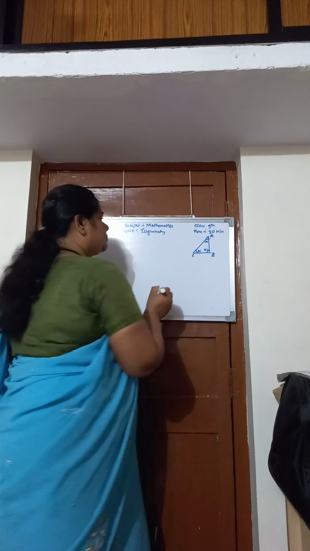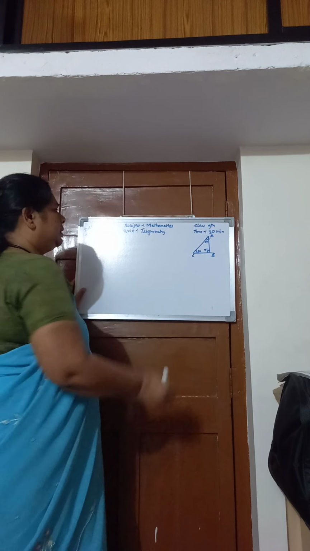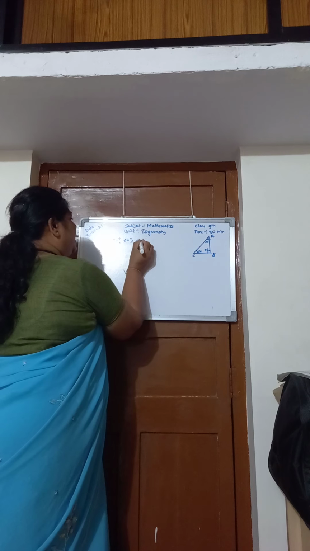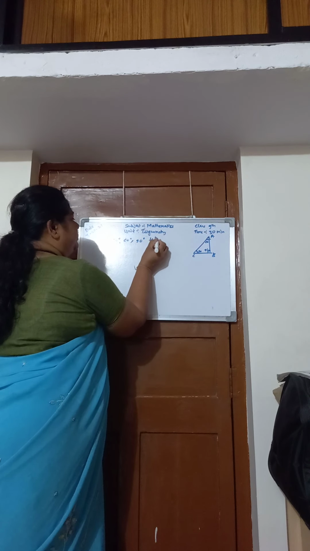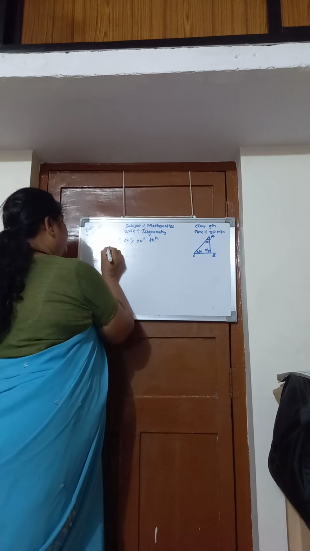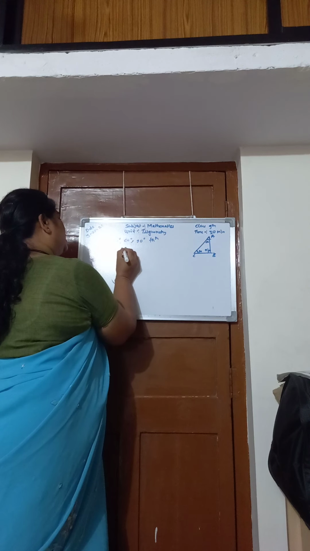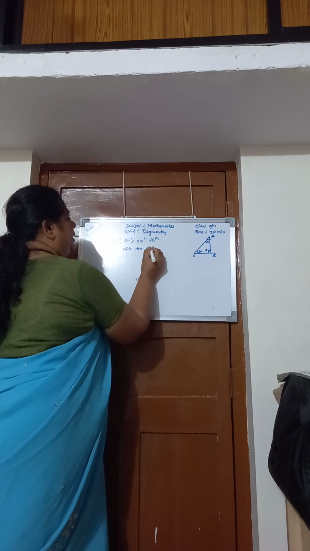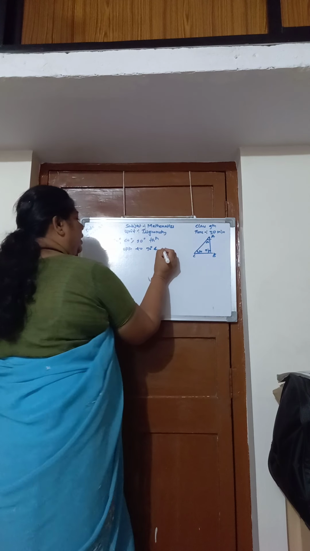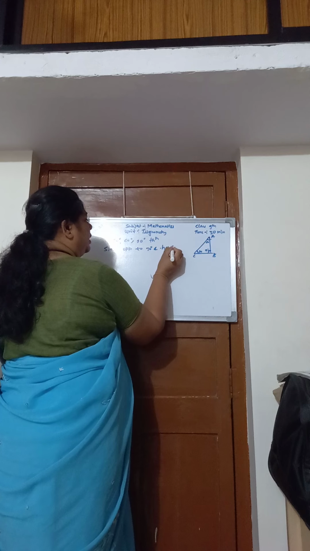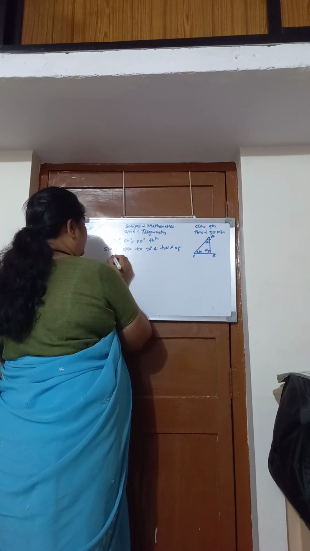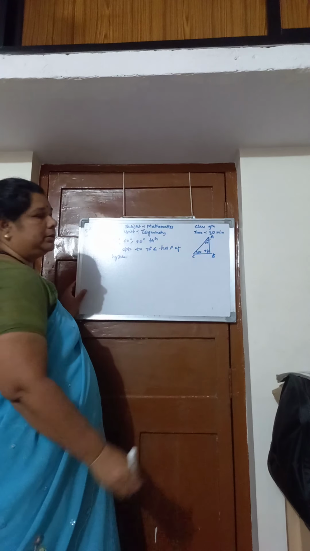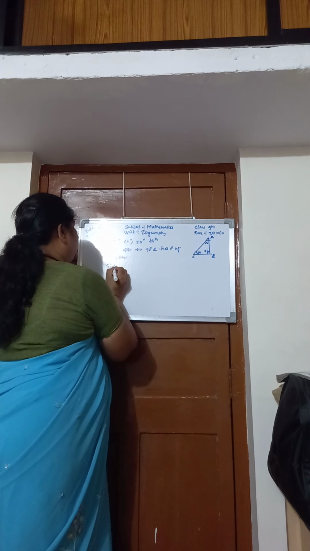According to the 30, 60, 90 degree theorem: the side opposite to the 30 degree angle is half of the hypotenuse. Okay, got it?